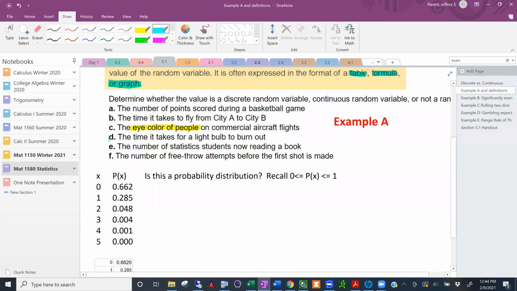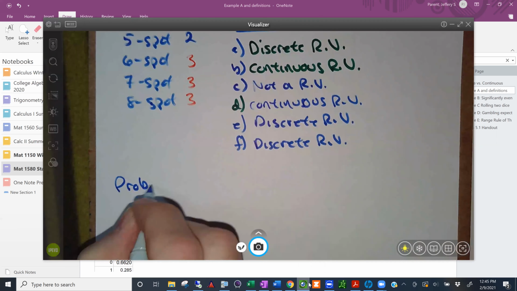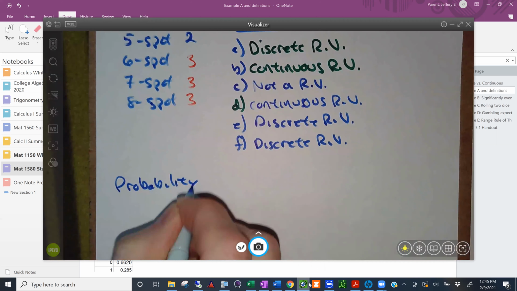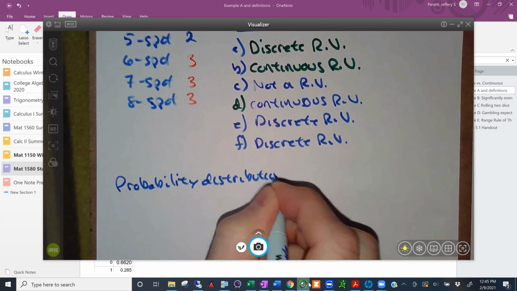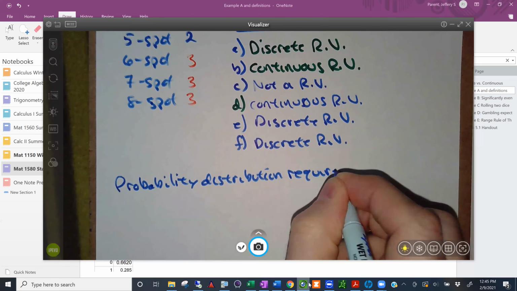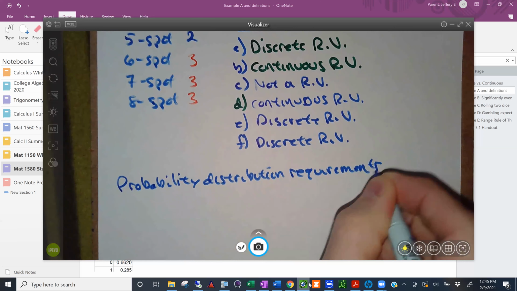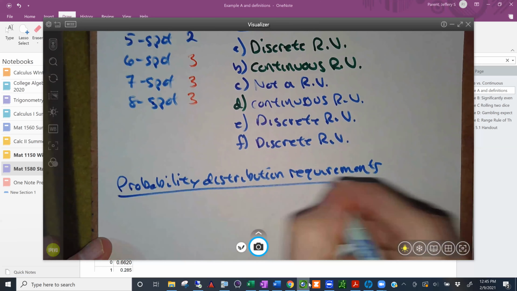Now there's a couple restrictions on probability distributions. Probability distribution requirements. So what is it that's required of our probability distributions?